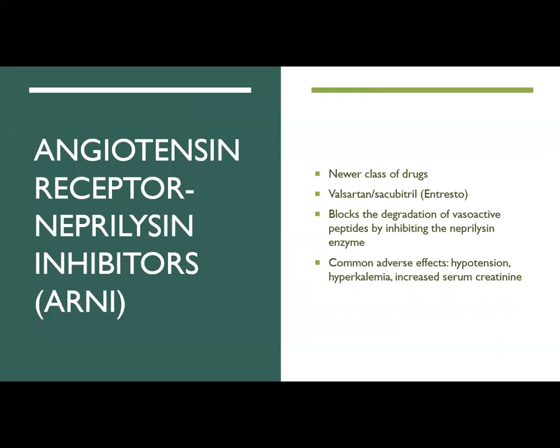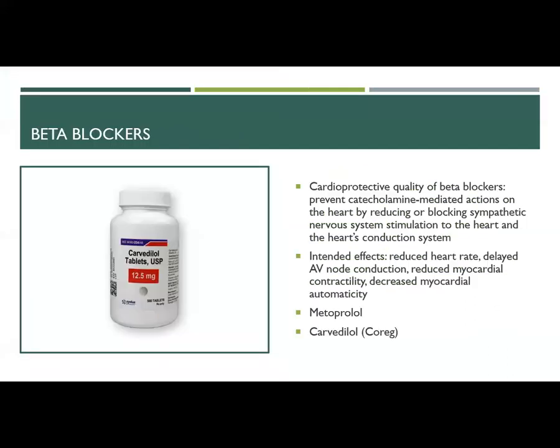Our angiotensin receptor neprilysin inhibitors are a newer class of drugs. It's kind of like a combo drug. It blocks the degradation of vasoactive peptides by inhibiting them. Common adverse effects are hypotension, hyperkalemia, and increased creatinine.